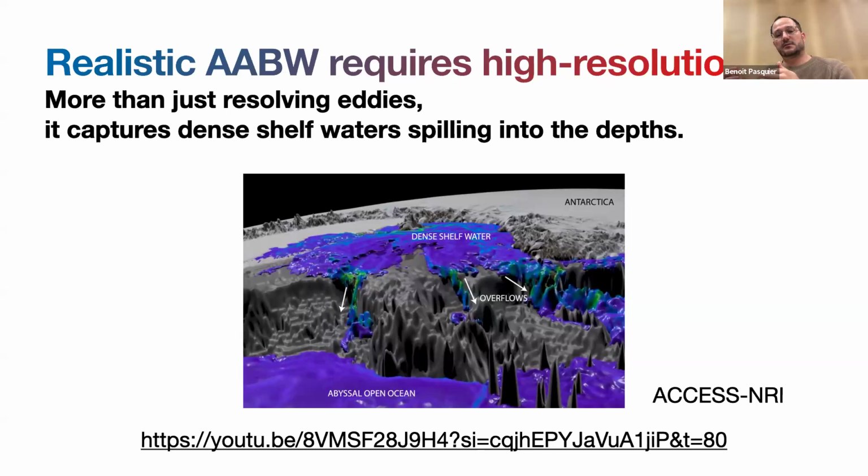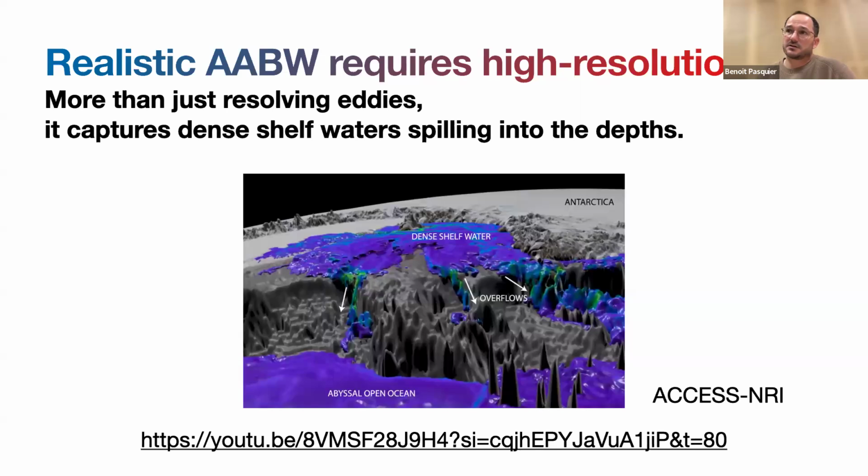And if you look at it, you can really understand how fine the resolution must be to capture this transport that is really local, really along the continental slope. And of course, if you go to quarter or 1 degree or even 2 degree resolution, you will never capture those dense shelf waters forming.